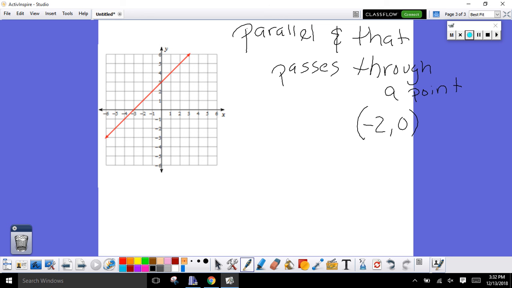Remember, parallel lines. So let's do A, B, C, and D, because you are going to have multiple choice on your test. So let me just make up some really quickly.